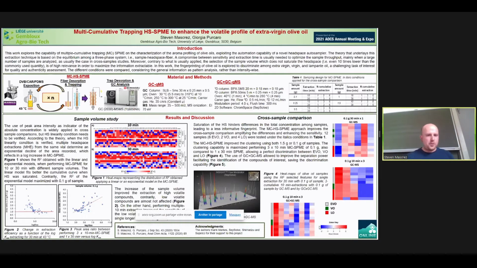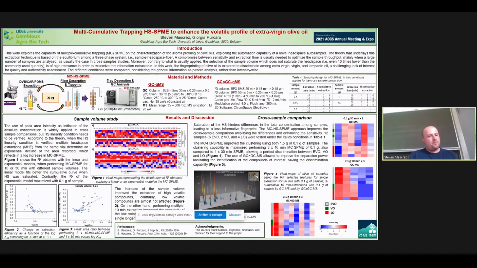On figure 2, you can see a chart. On the x-axis, you can see the KOA. KOA is a distribution constant between octanol and air, so between the hydrophobic matrix and the air. On the y-axis, you can see the ratio between 1.5 gram and 0.1 gram, just to see how we improve the extraction when we use a higher amount.